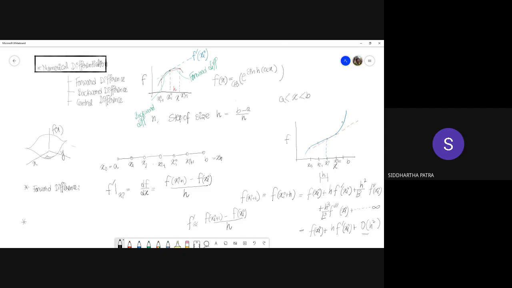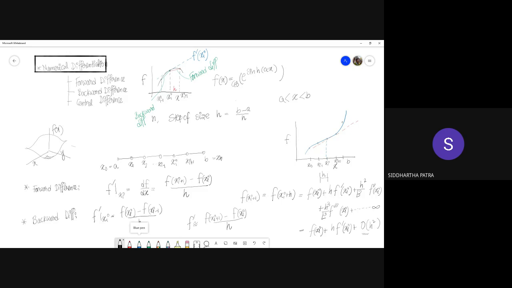Now, the backward difference formula, as you can imagine, you'd approximate f prime at xi as f of xi minus f of xi minus 1, divided by h.